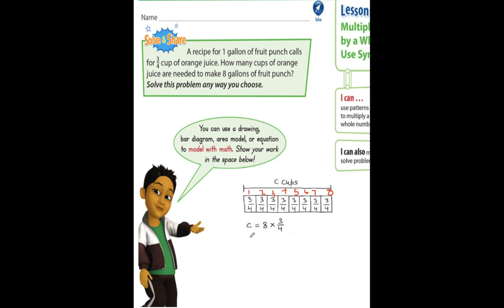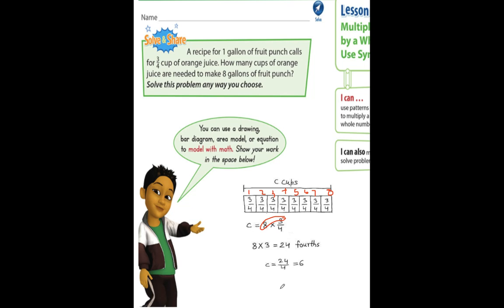Really, that's the same thing as saying 8 times 3/4. Okay, and how do I do that? Well, 8 times 3/4, I multiply my numerator times my whole number, and 8 times 3 is 24. And I put it back over 4, and I get 24/4.